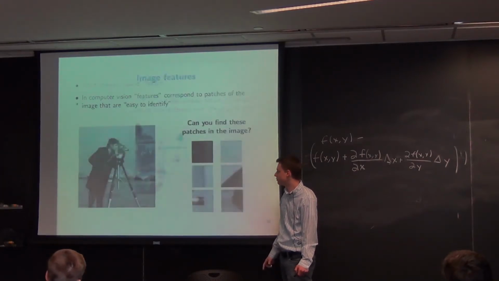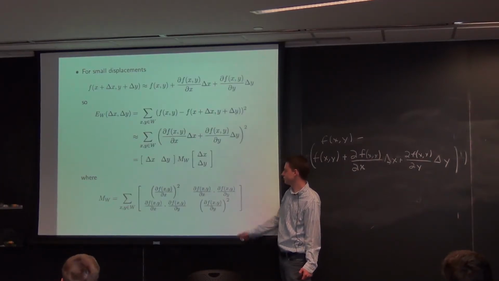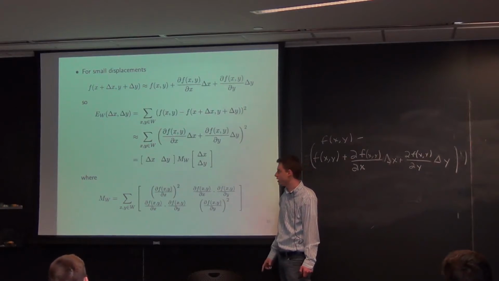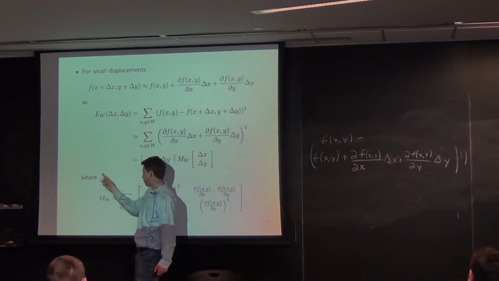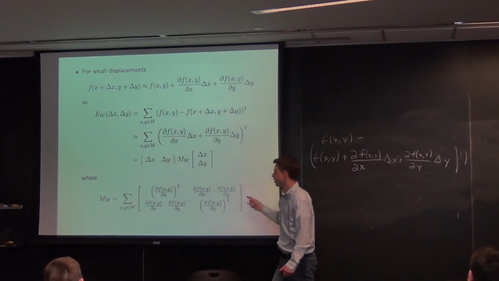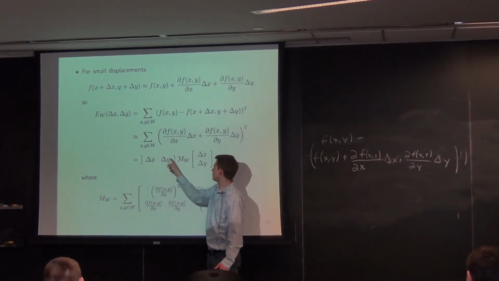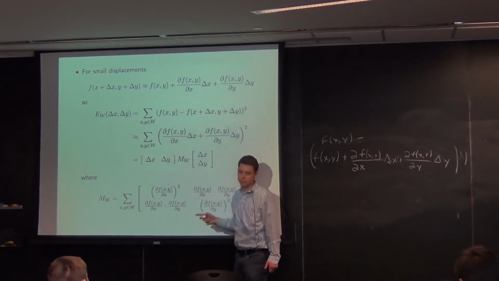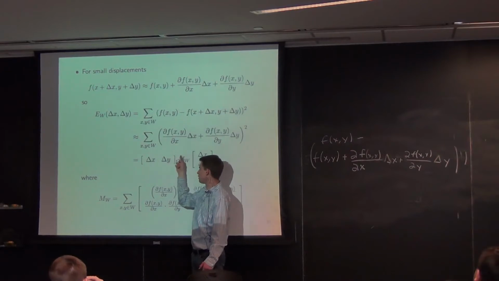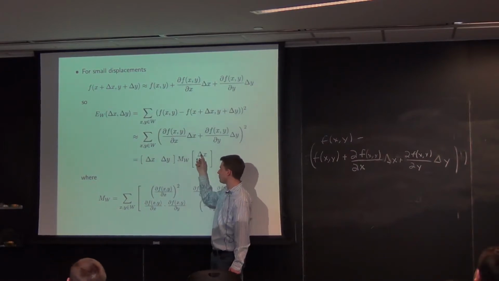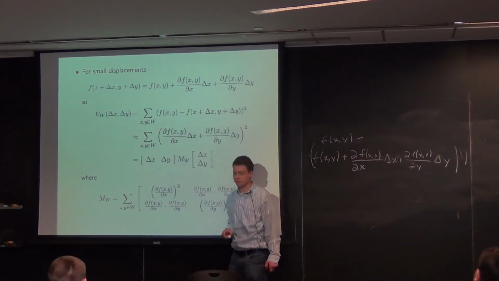Okay, so here's our matrix. We know that this error function is approximately equal to this times that, so an inner product of these two guys with this quadratic form with this matrix M_W.